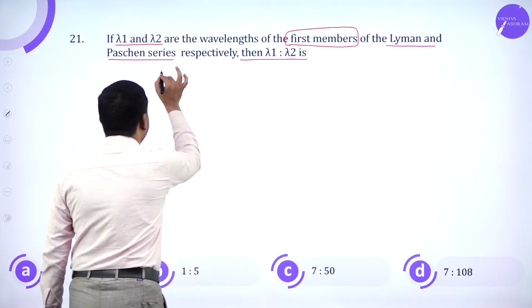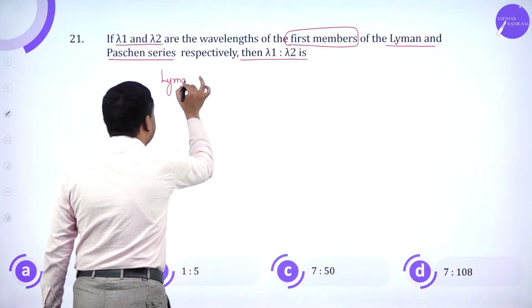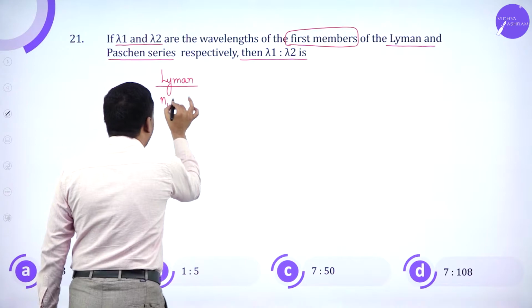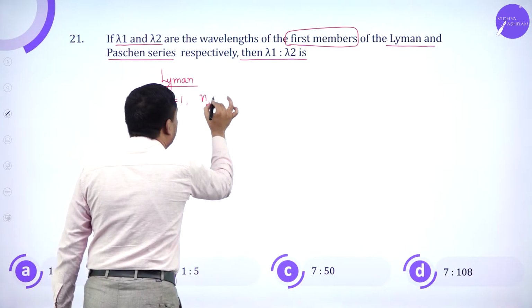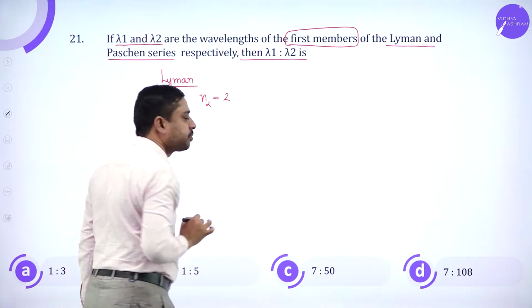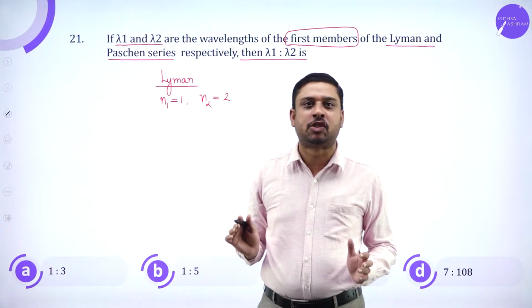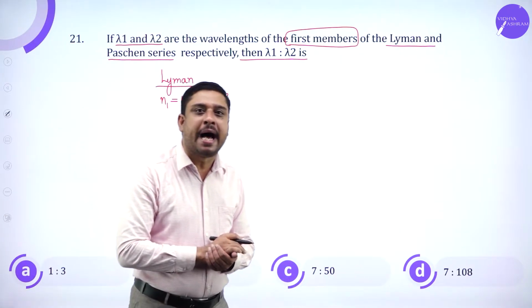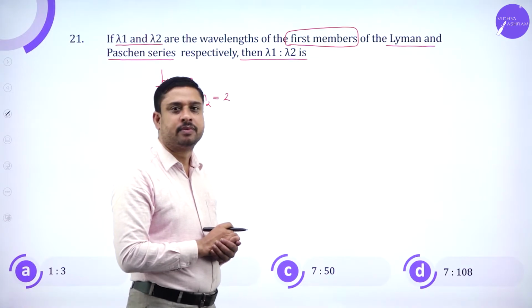Now, if I consider the Lyman series, N1 is 1 and N2 is 2. Lyman series, first series of the spectrum: N1 is 1 and N2 is 2.